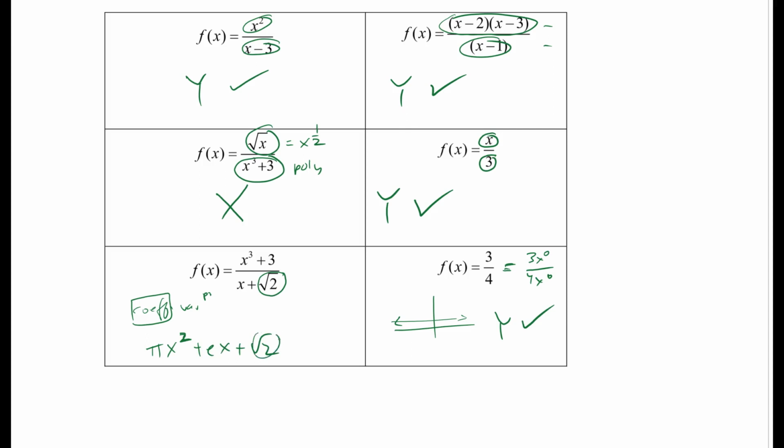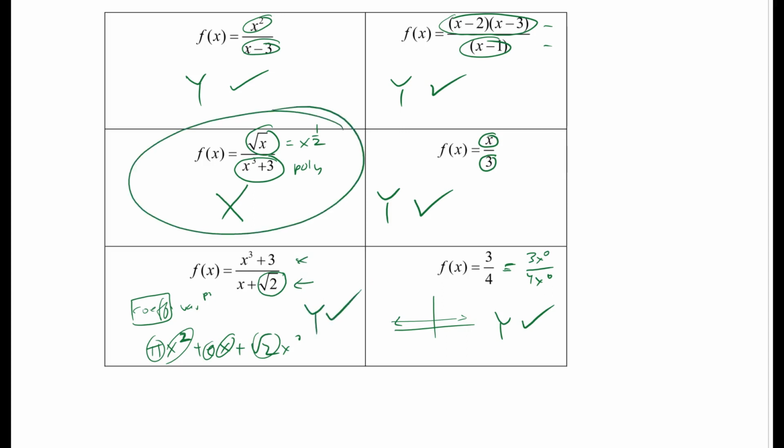The fact that these coefficients are weird irrational numbers doesn't make it not a polynomial. All we have to do is look at those variables, x squared, x, and this would be x to the 0. So this square root of 2 is not part of the exponent or anything, so this is a polynomial, this is a polynomial. So the answer here is also yes. So the only one that's not is this one.